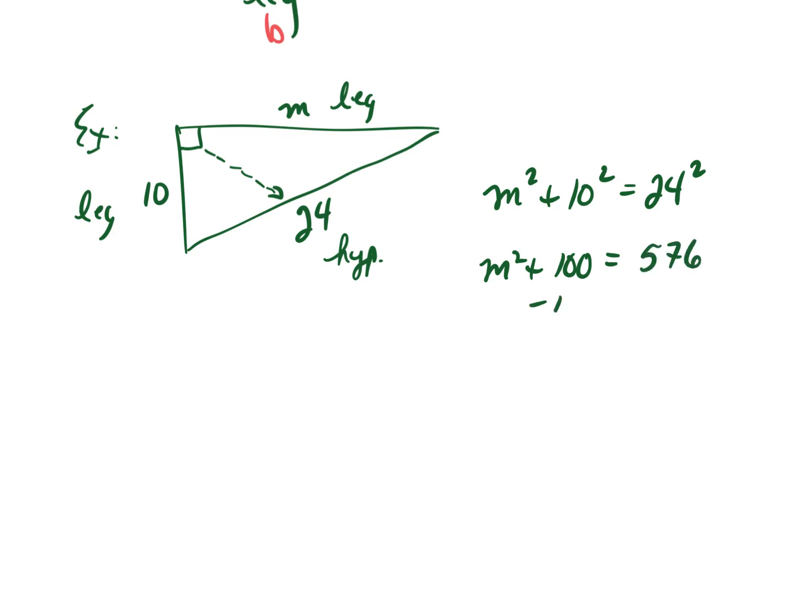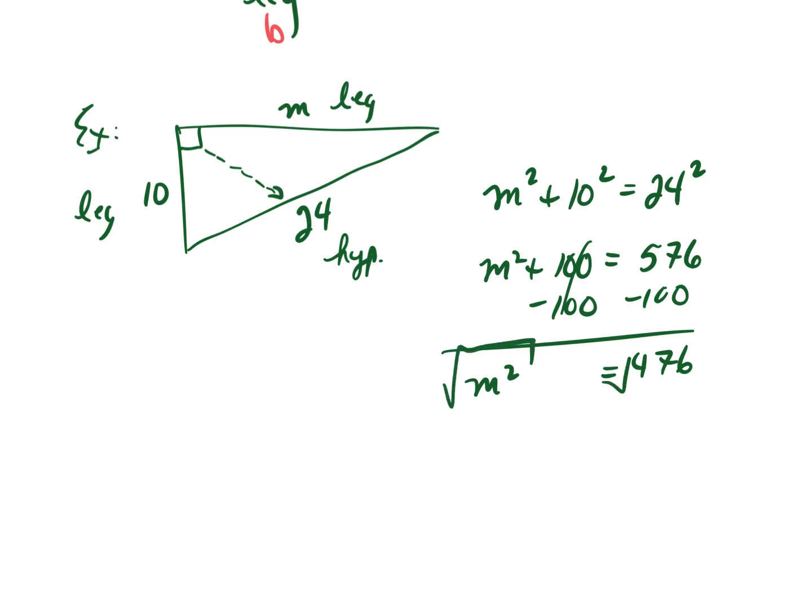We move plus 100 to the other side by subtraction. And to get rid of the power of 2, we take the square root of both sides. So side M then is going to be approximately equal to the square root of 476, which is approximately 21.8. Remember, we're going to round everything to the nearest tenth.